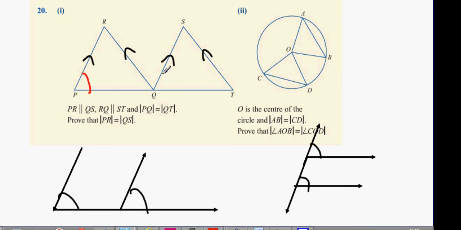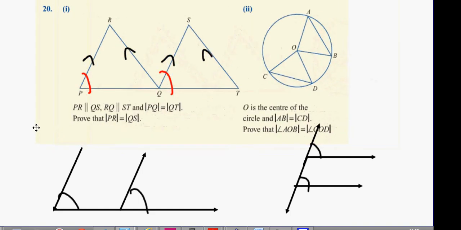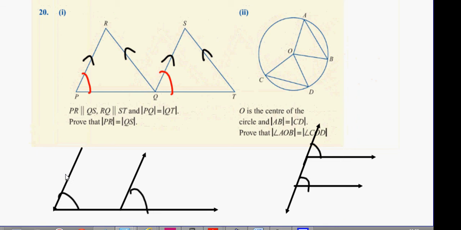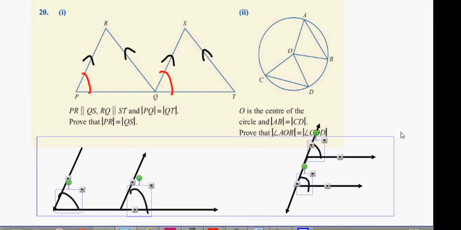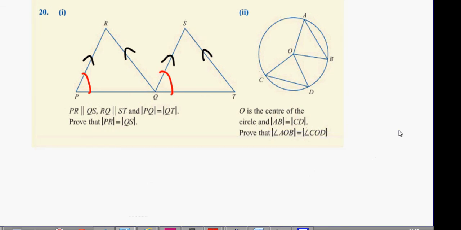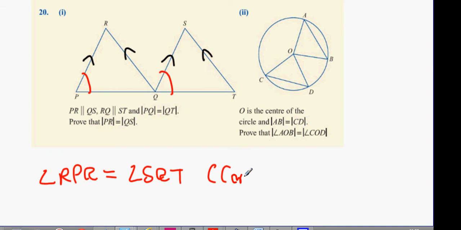RPQ and SQT. Perfect. So, first thing we're going to write down is angle RPQ equals angle SQT. Reason, lads? We just did it a second ago.